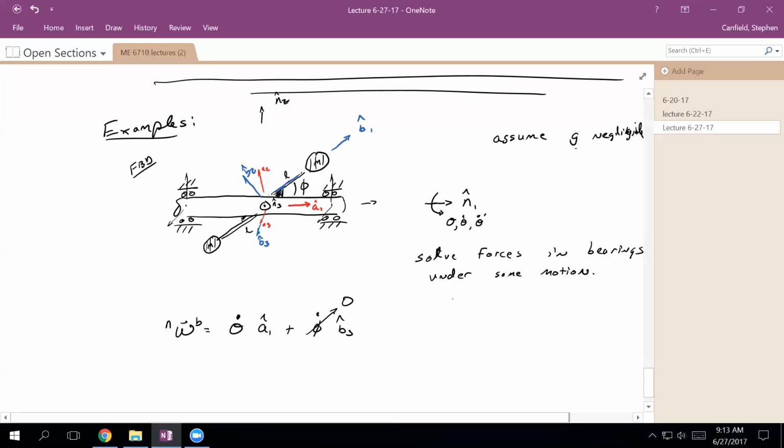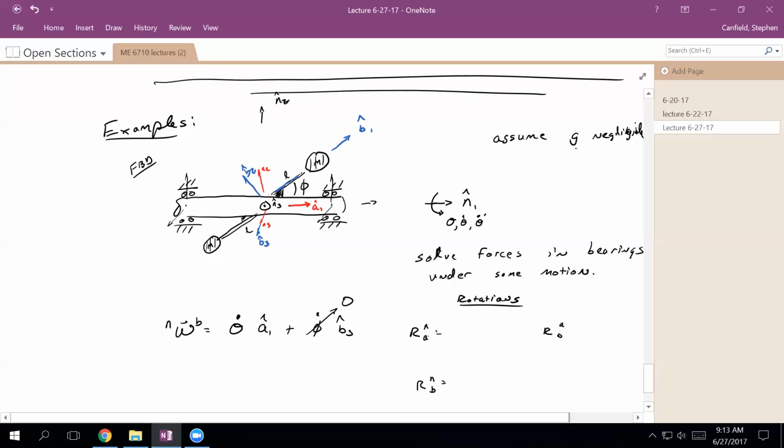Now I'm also going to need the rotations. So let's take a moment and do those so we have them. I've got a rotation that's going to project me from A back to N, and I need a rotation that projects me from B to A. And then finally, I'll get a rotation from B back to N. I'll get those three.